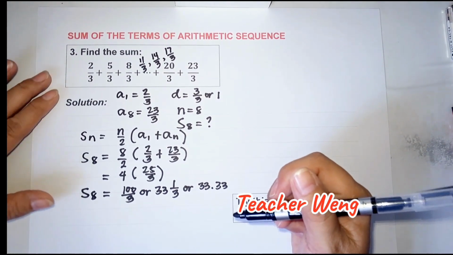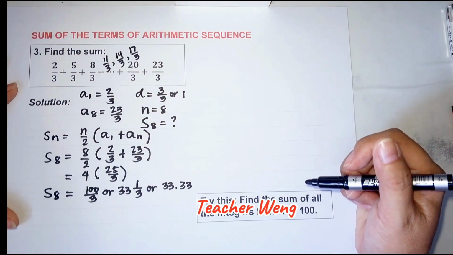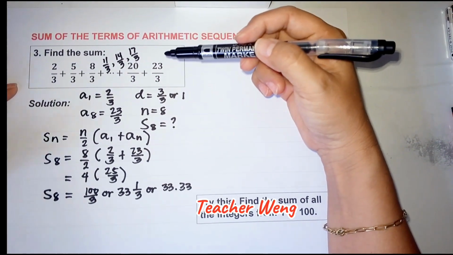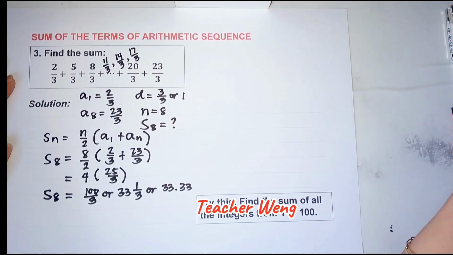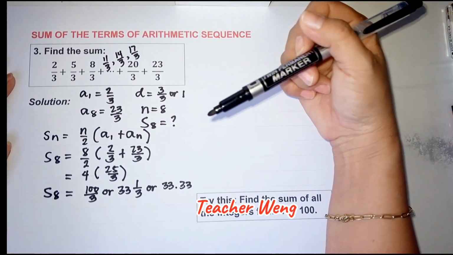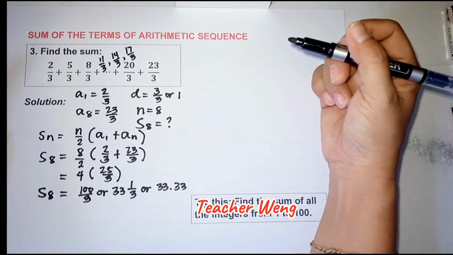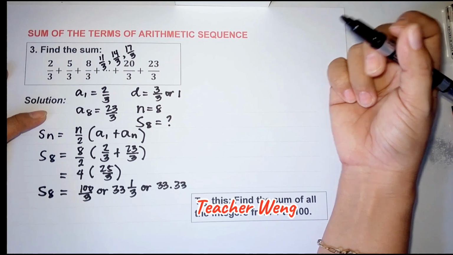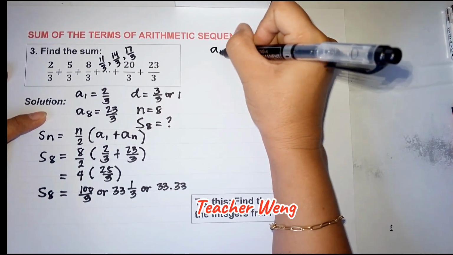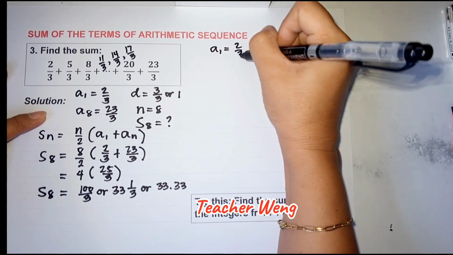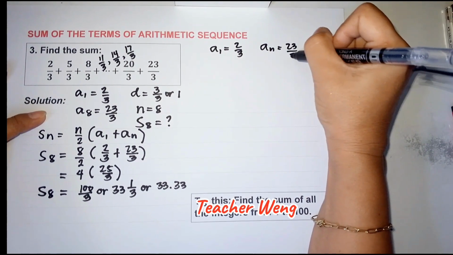Now, what if the terms in the sequence are not that obvious? Suppose you have a similar problem, but it is not easy to give the missing terms. To find the sum, you must know the value of n. You know that a sub 1 equals 2/3, then a sub n equals 23 over 3.